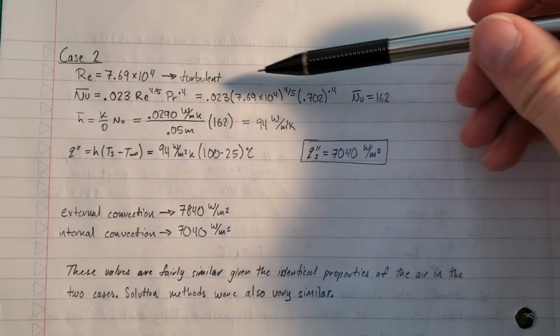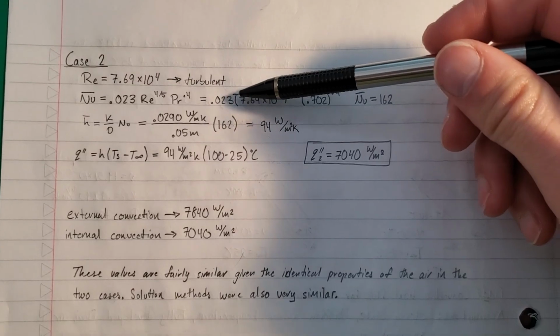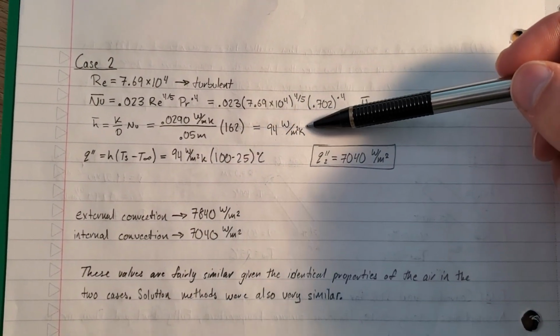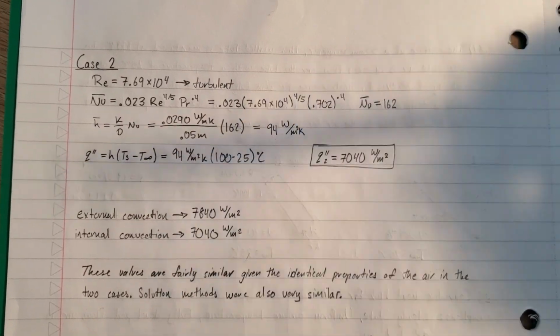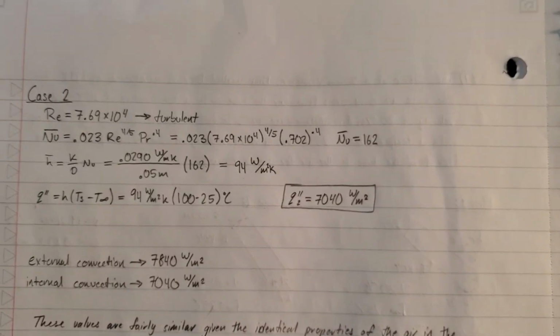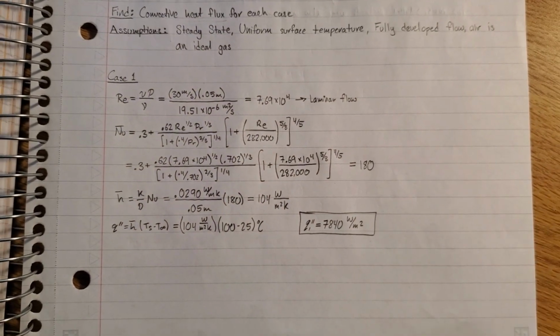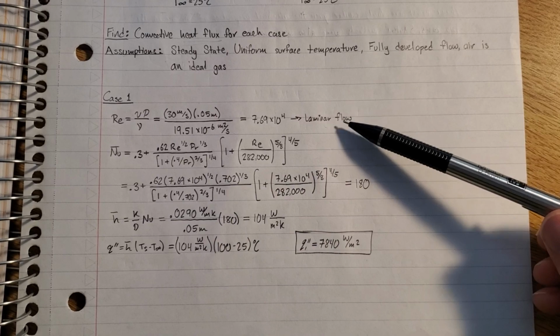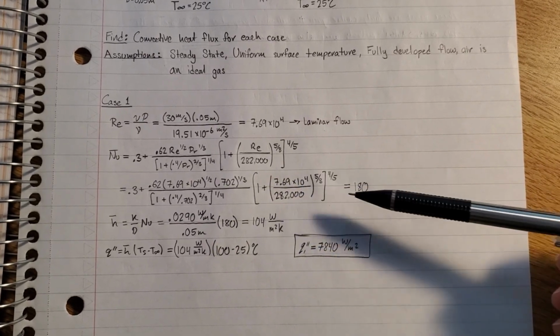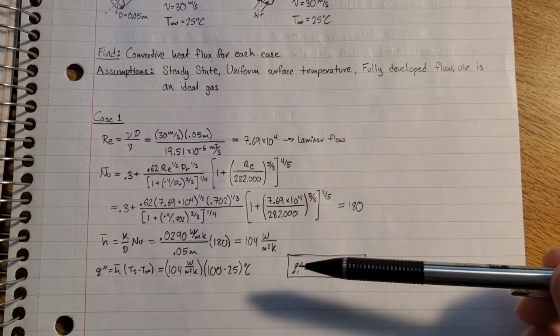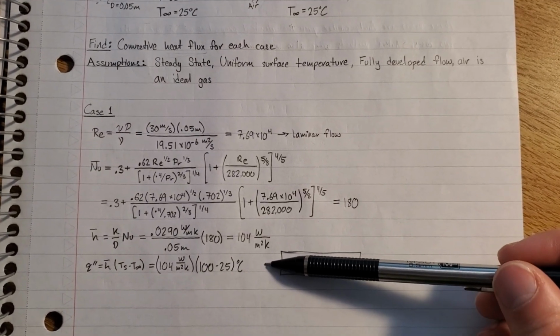Find a Reynolds number, pick an equation for Nusselt number, calculate that Nusselt number, calculate convection coefficient, and then heat flux, which, looking back at case 1, is essentially the same thing: Reynolds number, pick an equation, Nusselt number, convection coefficient, and heat flux.